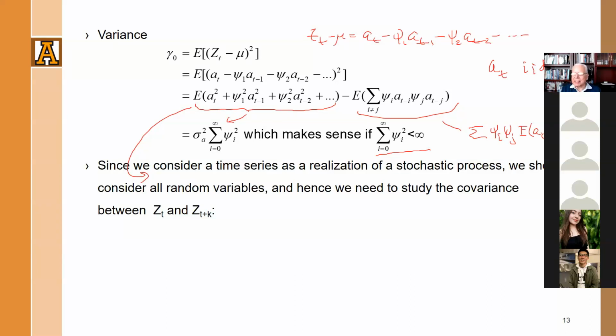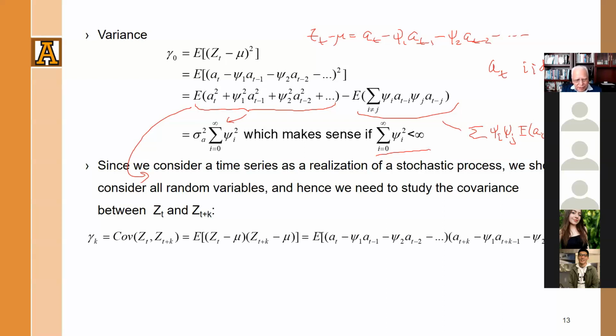Remember, the spacing is the same between any consecutive observation. So all I need to look at is the covariance between Z_t and Z_{t-1}, Z_t and Z_{t-2}, or Z_t and Z_{t+1}, Z_{t+2}, Z_{t+3}, and so on.